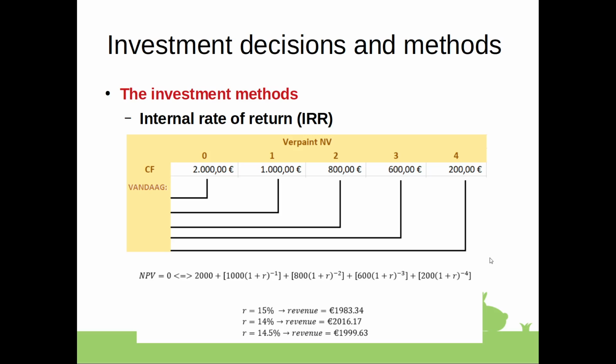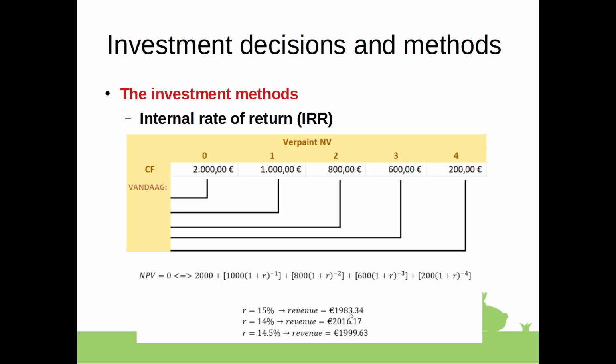So what can you do? You can guess. You can use trial and error. You have to find a certain r that will give you a total amount of 0 in the end. And if you put 15, for example, 0.15 for every r, you will get 1,983 euros, right?